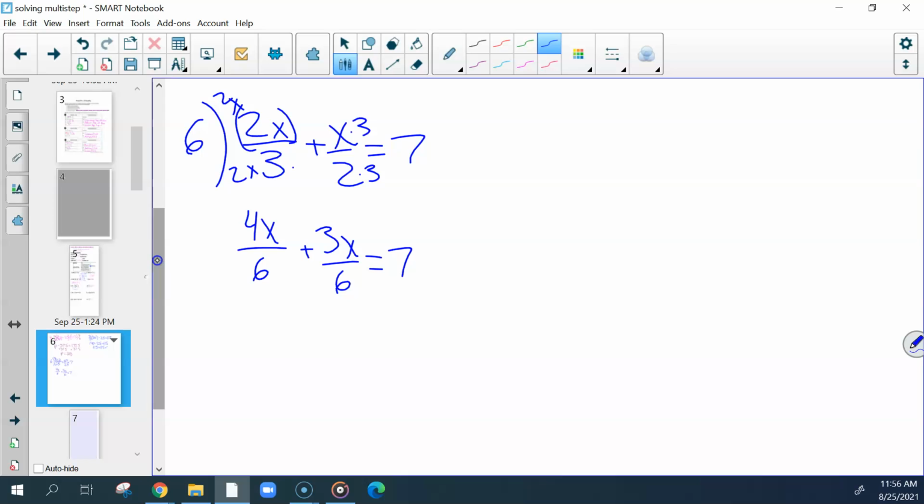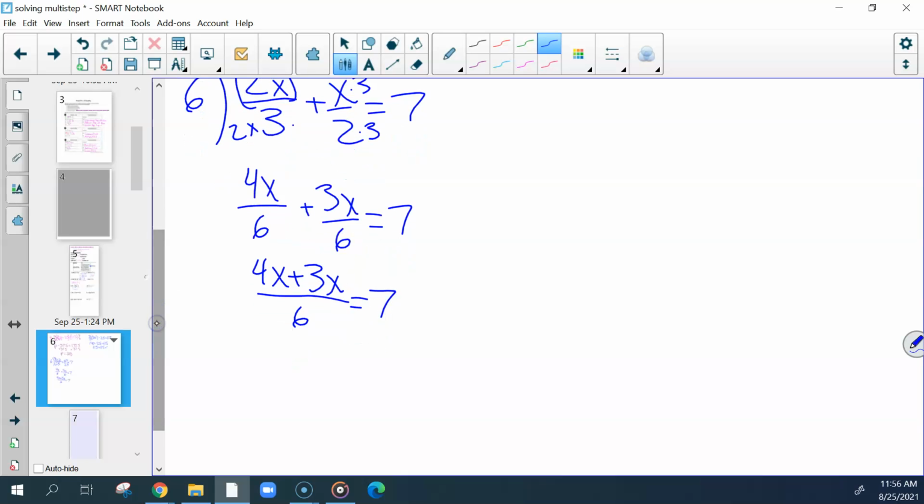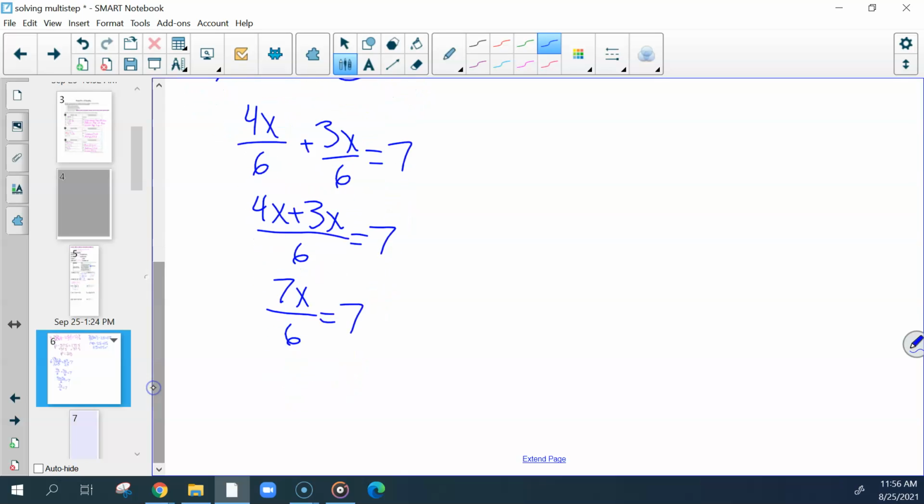I can rewrite this as 1 with the same denominator. Here I have 2 of the same like terms. These both have x's, so I can combine them by adding them together. And then solving this for x.